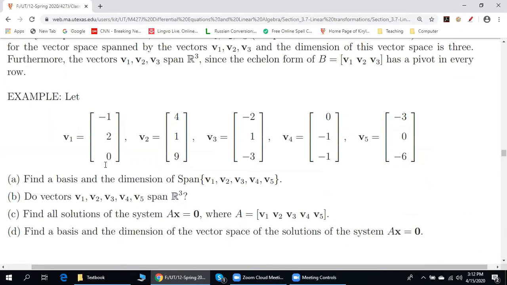Oh, so it's either Rn or it's nothing. Well, they span their span. They just don't span R3. The span of these vectors is not equal to R3. And of course, it's not equal to R2 because these vectors are not from R2 at all.